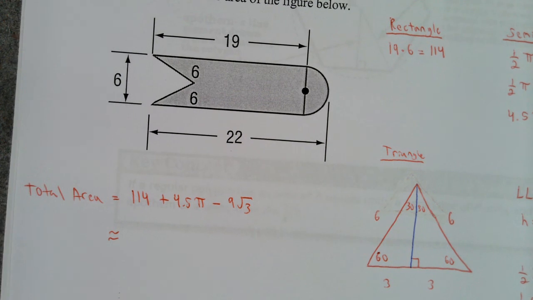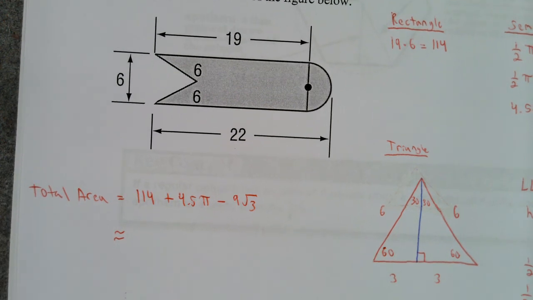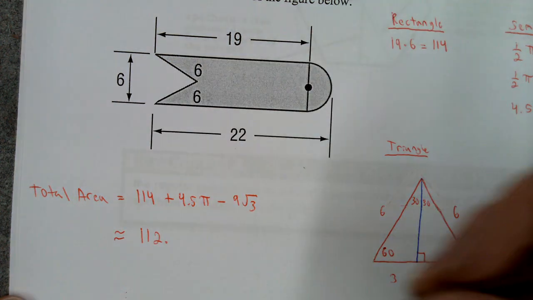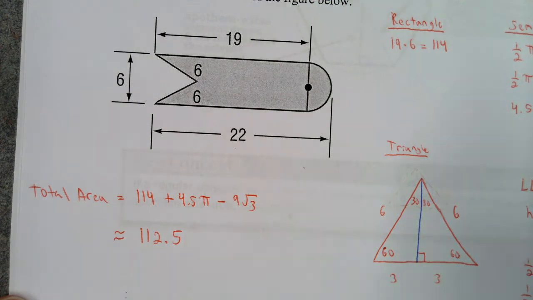You can do that in your calculator, and you're going to get 112.5 units squared.